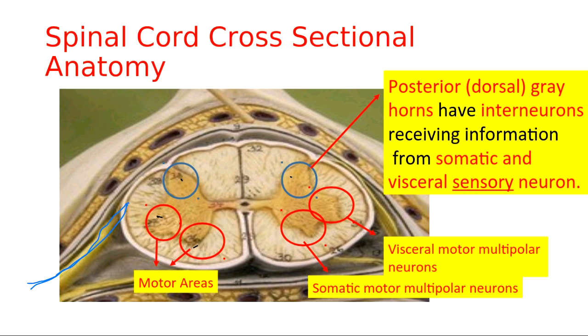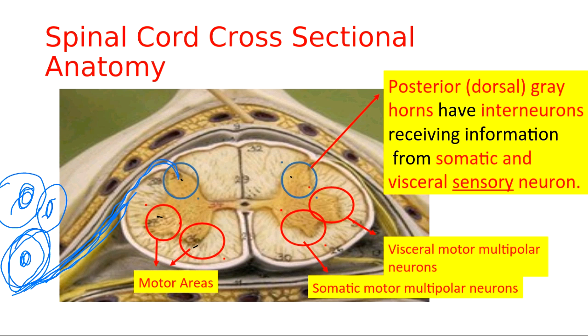These are going to be the roots coming in and arriving at the posterior gray horns. And these are going to be unipolar neurons. So this is going to be lots of little bodies of neurons outside of the spinal cord gathered together in one area, bringing their sensory information into the spinal cord via posterior roots and delivering it to neurons, bodies of neurons found in the posterior gray horn.